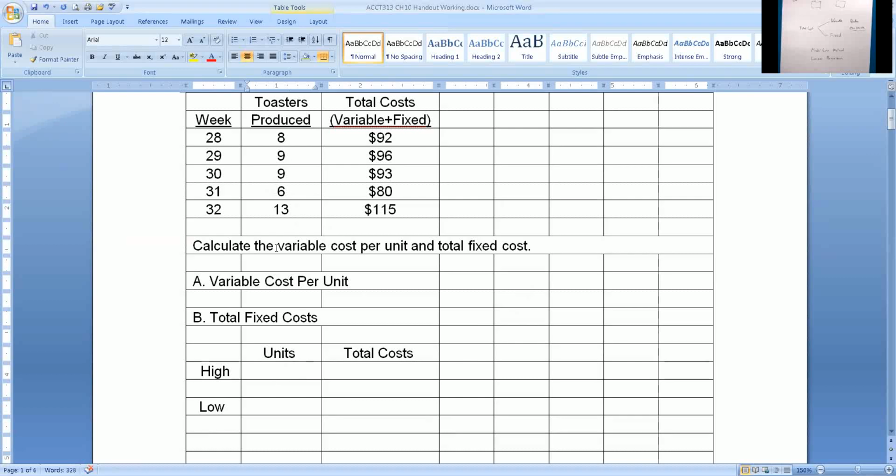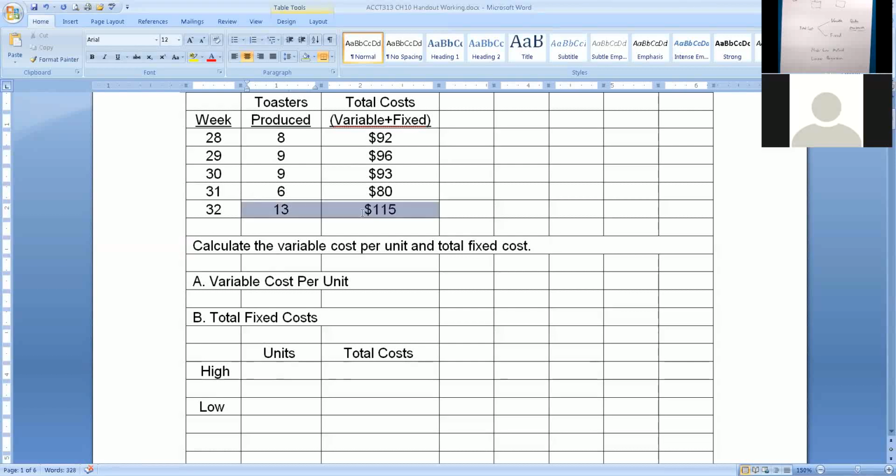So looking at our toasters produced, which was the highest? Week 32. Yep. Week 32, we had 13 units, and the cost was 115,000. No, 115,000. I added some numbers there.